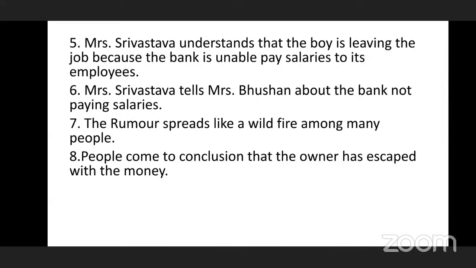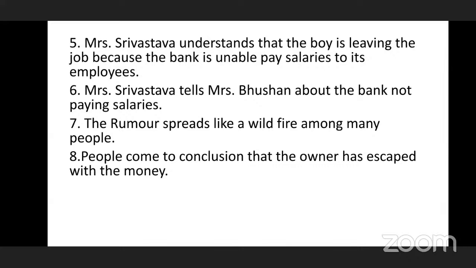They don't go to his home, or they don't do any inquiry. They simply come to the conclusion that the owner by name Seth Govind has escaped with the money, because one of the depositors of the bank, the elderly gentleman who was the customer of Deep Chand, makes a call to Seth Govind, and he does not answer.